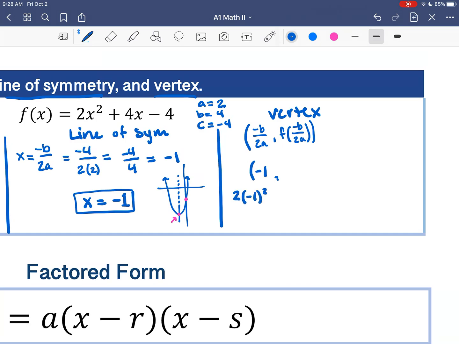So I'm plugging in -1 wherever there's an x, and then just computing that. You can do it on a calculator if you want to. I'm going to do it by hand because I don't have a calculator within reach. -1 squared is positive, so that makes 2 plus, there you go, -4 because of that negative. -4, that makes -6, I believe.